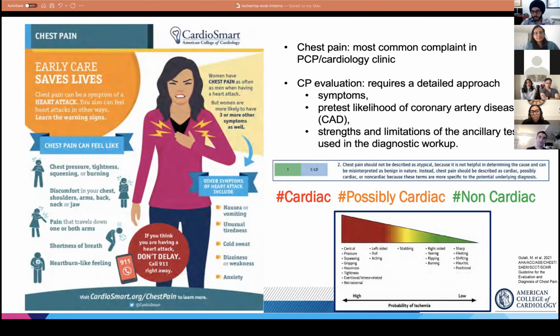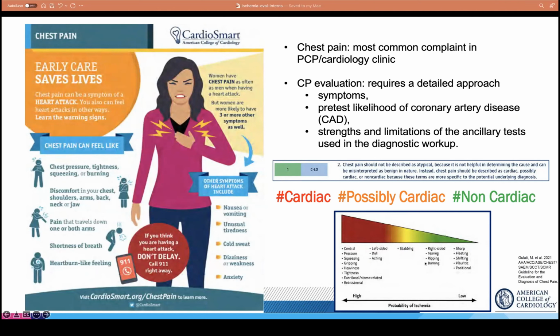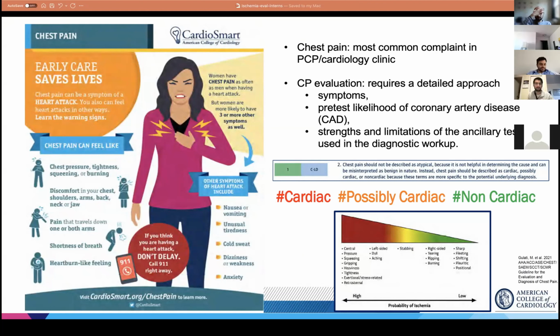When a patient comes into your clinic reporting some sort of chest pain, we evaluate the quality of the chest pain and categorize it. Is this possibly cardiac related, which is more central pressure, tightness or heaviness type of pain, more exertional in nature, sometimes dull or aching?